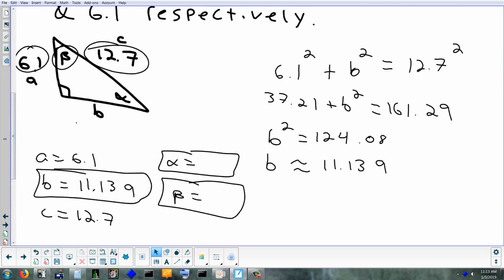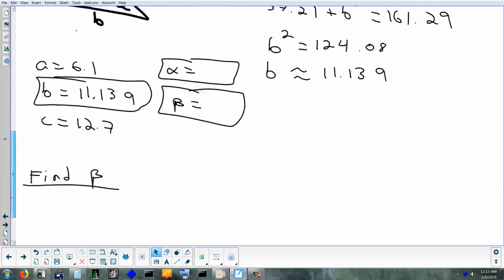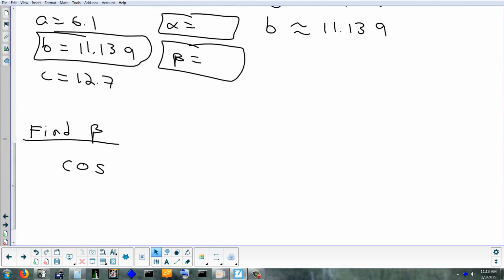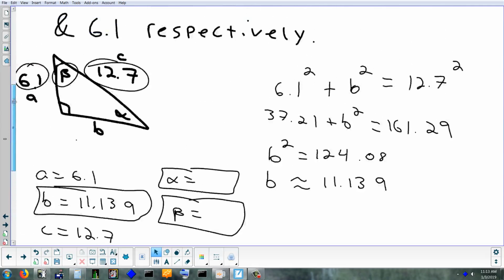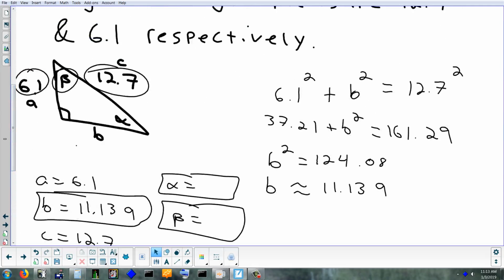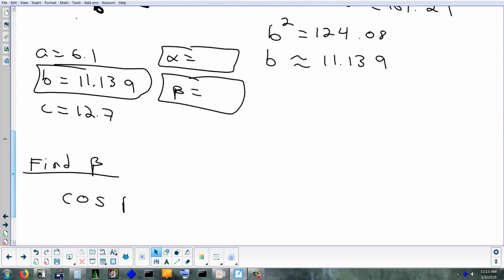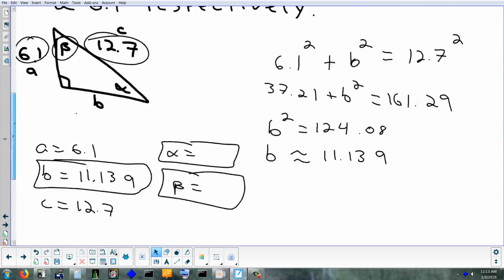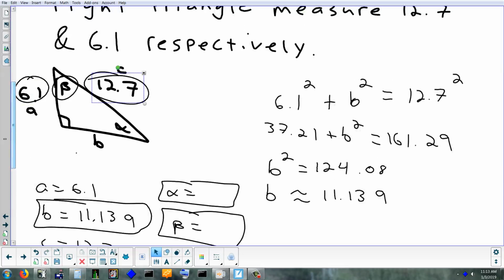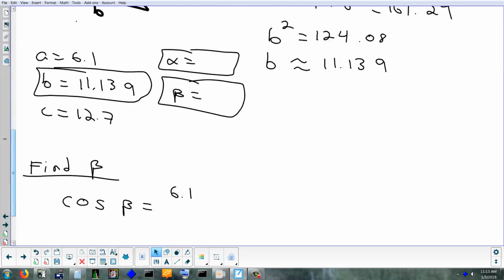Yep, it's adjacent and hypotenuse. And out of the sine, cosine, and tangent, which trig function has those two? Cosine. So let's set up our equation. Cosine of my angle. What's my angle? Beta. I don't know it. So cosine beta equals adjacent over hypotenuse, 6.1 over 12.7.